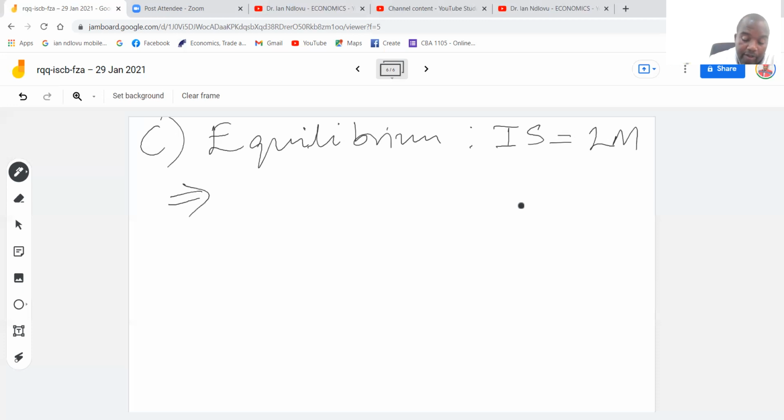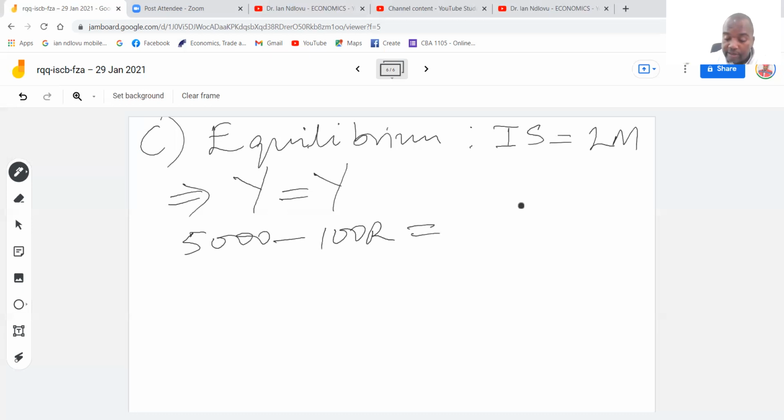From our derivations in the previous questions, all curves are expressed in terms of Y as the dependent variable, which implies that Y is equal to Y. We take Y of the IS function, which is 5,000 minus 100 R, which is equal to Y of the LM function, which is 3,000 plus 100 R.